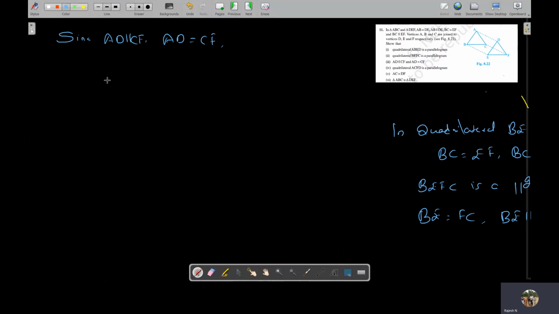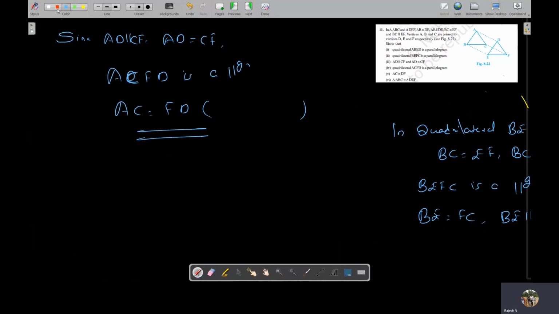AD is equal to CF and AD is parallel to CF. Therefore, ACFD is a parallelogram. If ACFD is a parallelogram, what can you say? AC is equal to FD by opposite sides of a parallelogram. Now, therefore, this is the fifth answer.